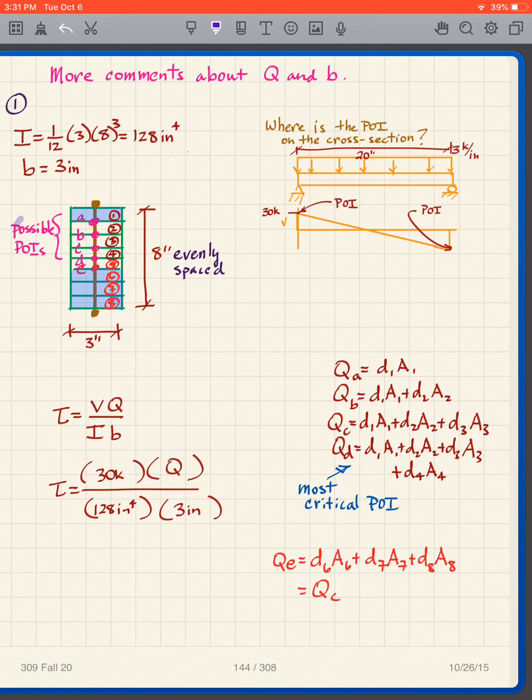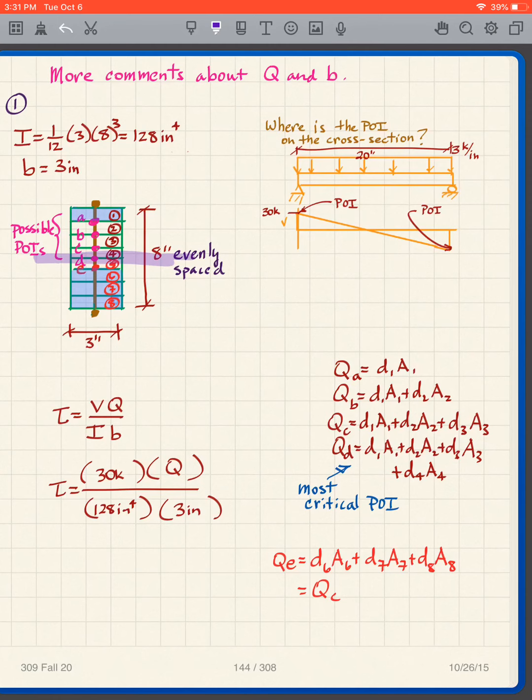So for the point of interest, I have to choose the point with the greatest Q. With the greatest Q, I'm going to get my greatest tau. And what do I see? Well, that one's the greatest Q, so that gives me the greatest tau. That's at point D. And so point D is right there, right in the center of this.